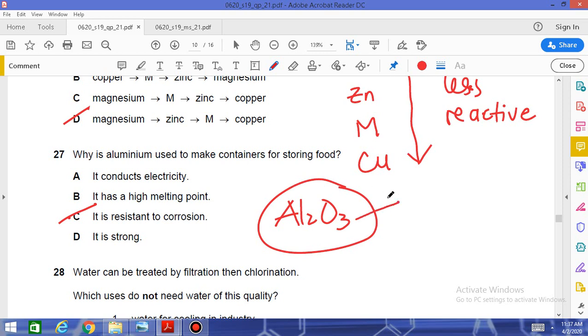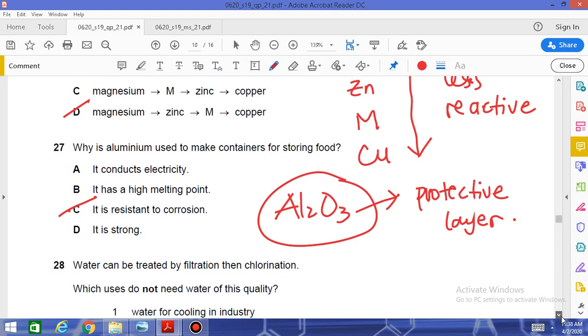Okay, so it's called oxide protective layer. Okay, that's why aluminum is unreactive and it's resistant to corrosion.